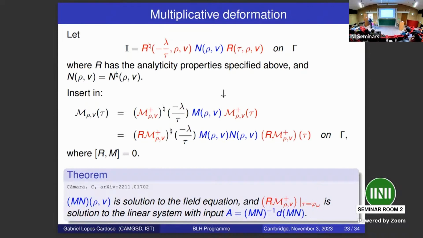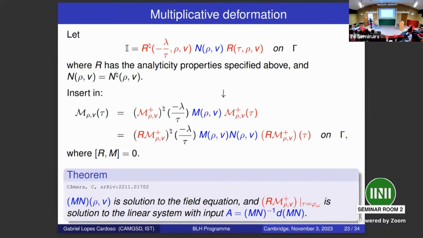So now I have a different decomposition of my original monodromy matrix into three factors, where this one is not analytic anymore in the interior of the curve gamma, because R was not any longer analytic in the interior.